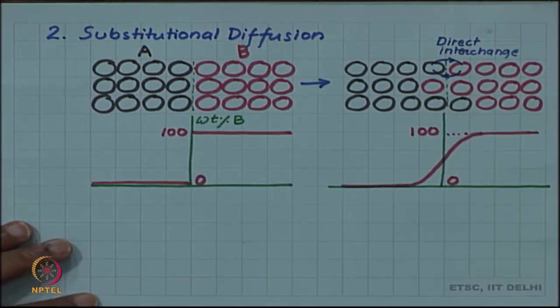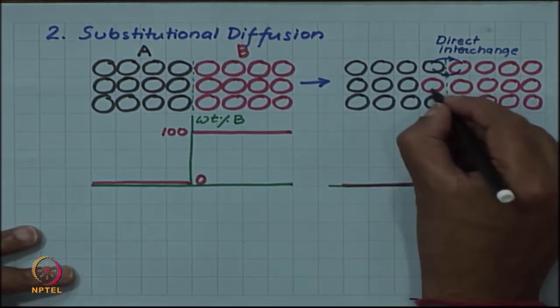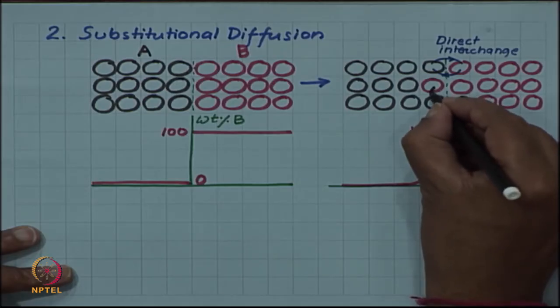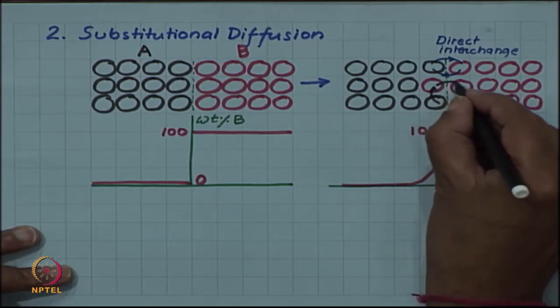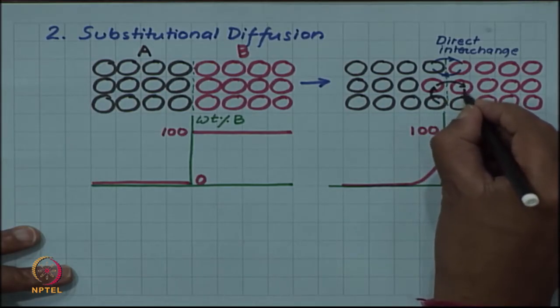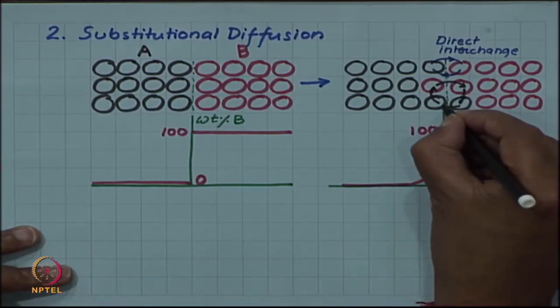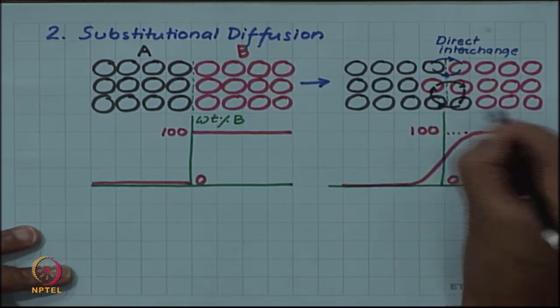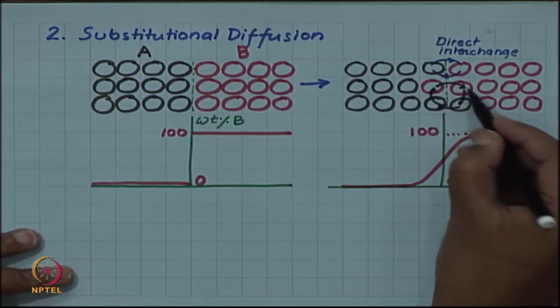Mechanism. Another mechanism which was proposed was a ring mechanism, in which a group of atoms, this requires a group of atoms, and it was proposed that they interchange positions in a ring.